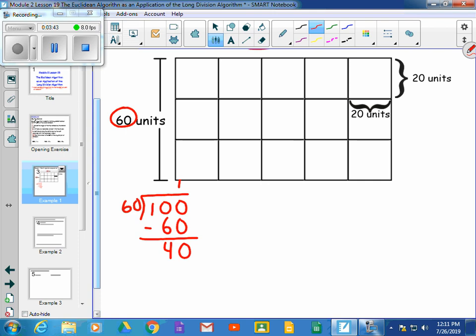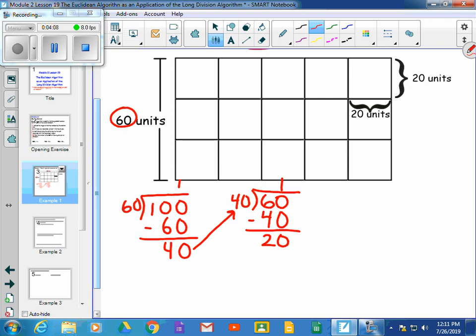Now with Euclid's algorithm, we're going to take that remainder and put it as the new divisor. The old divisor becomes the new dividend, so we're going to divide 60 by 40. That goes in there one time. We subtract, and we get a remainder of 20.